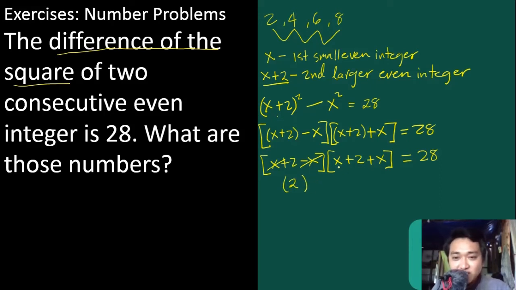You have here x and x. So, x plus x, that would be 2x, right? And then you have positive 2. Meaning, x plus 2 plus x is equivalent to 2x plus 2. Ayan. That is equivalent to 28.